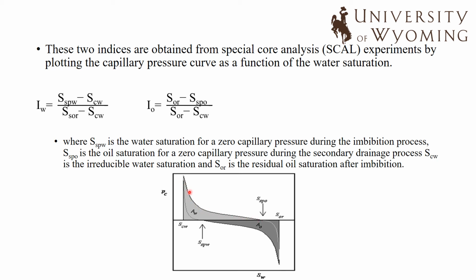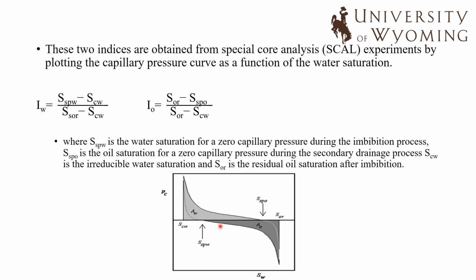So this is forced displacement from here to here until we reach a certain irreducible water saturation, and then no more water will be produced. Now if we take this core and put it in a beaker of water, water will start to go into the core spontaneously until capillary pressure is 0 and the pressure of water is the same as the pressure of oil.